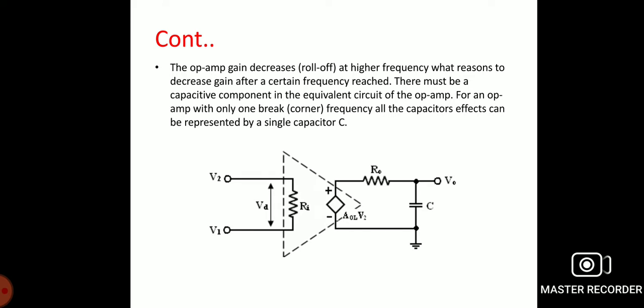Here f1 is the corner frequency or the upper 3 dB frequency of the operational amplifier. The magnitude and phase angle of the open loop voltage gain as a function of frequency can be written as magnitude and phase angle characteristics.